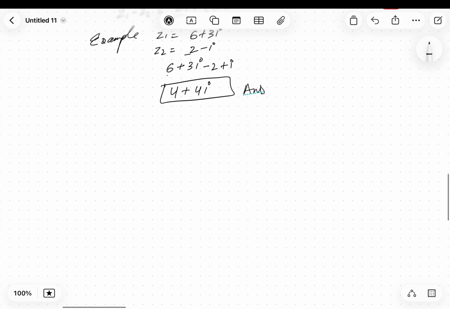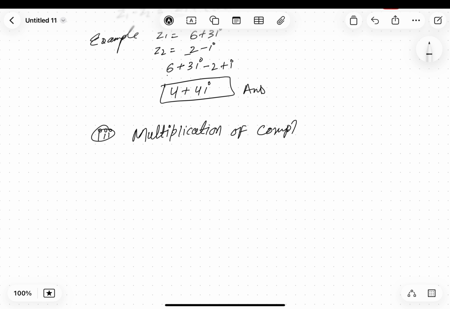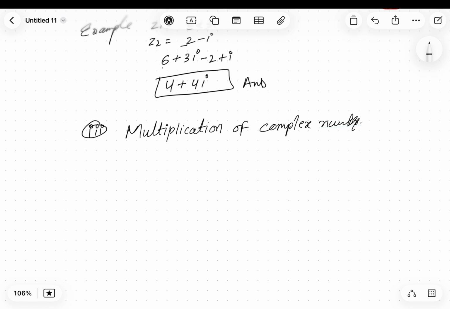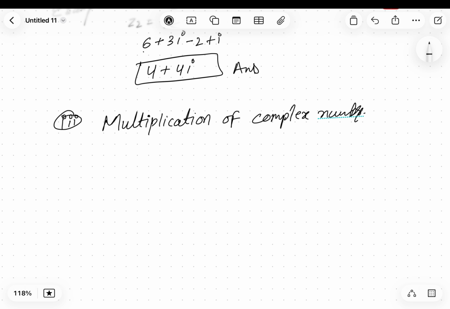Now the third one, multiplication of complex numbers. Okay, just don't focus on my handwriting.